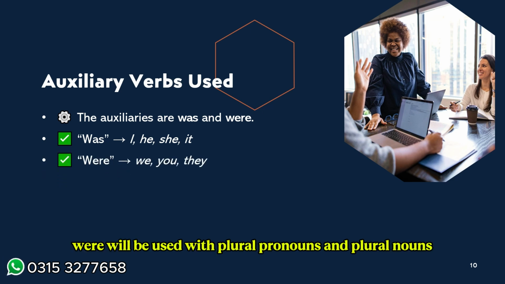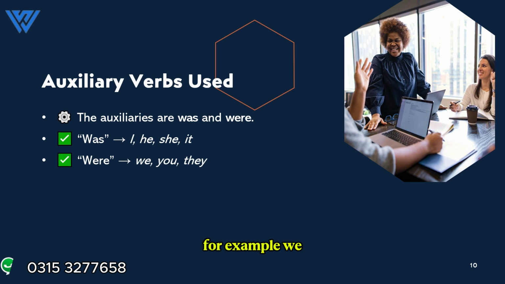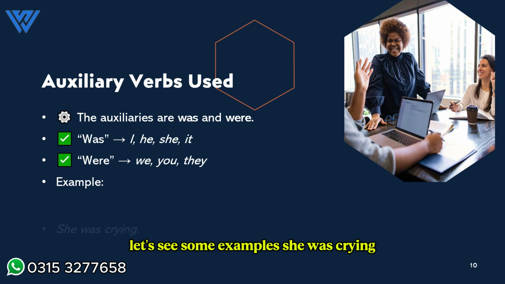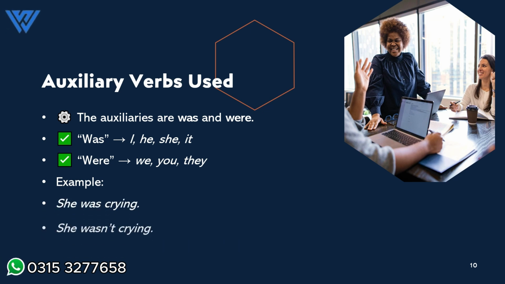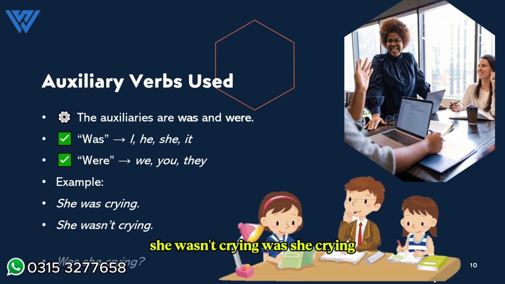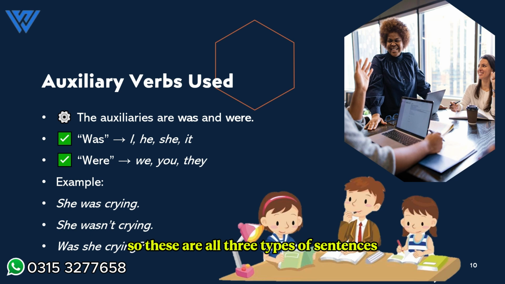Similarly, were will be used with plural pronouns and plural nouns. For example, we, you, they. Let's see some examples. She was crying. She wasn't crying. Was she crying? So these are all three types of sentences: affirmative, negative, and interrogative sentences.